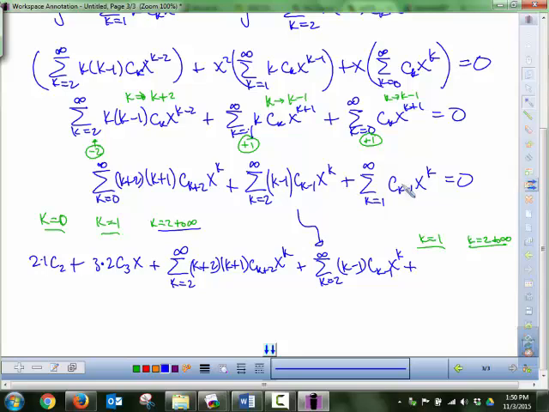So when k is equal to 1, I have c sub 1 minus 1, c sub 0, x to the first power. And then I would have the rest of this, except now I get to start at 2. Okay? So now all these sums all begin with x squared.